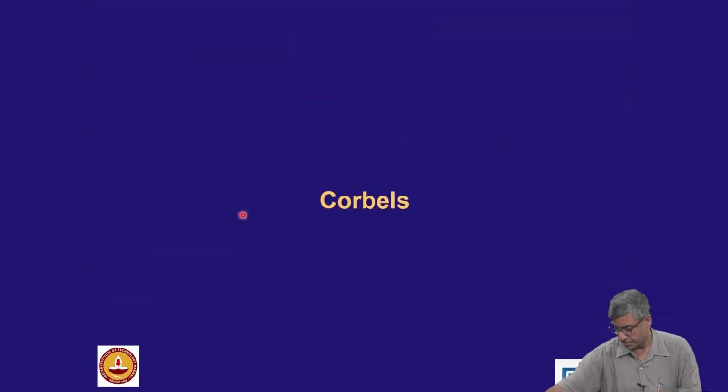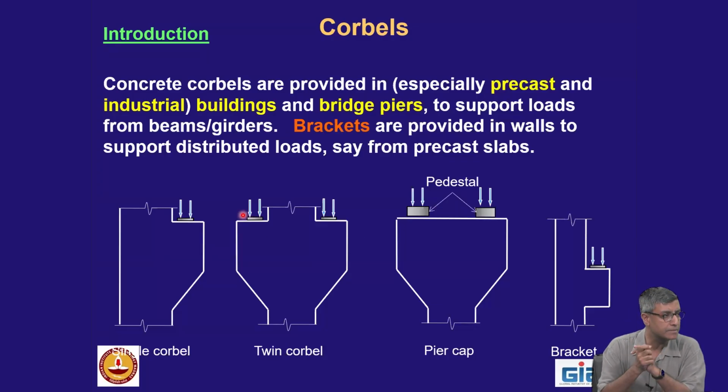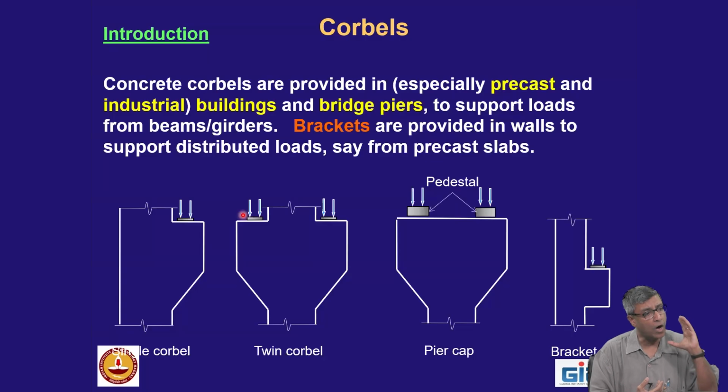Next, the corbels. Now, what are corbels? Corbels are certain projections in the columns or bridge piers to carry the weight from, say, the beams. Walls can have a bracket to carry slabs.